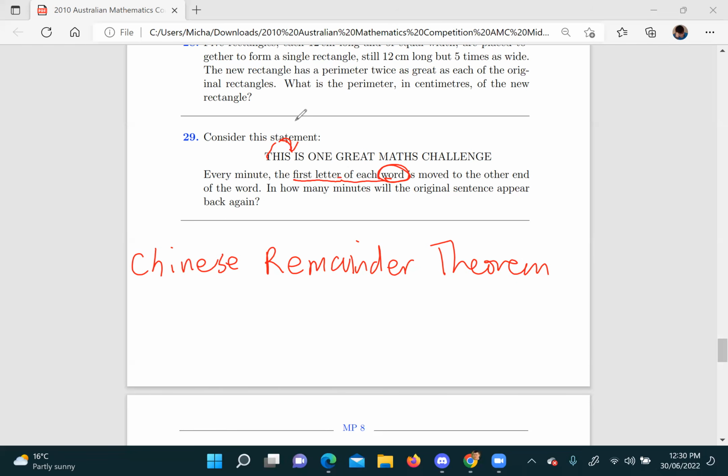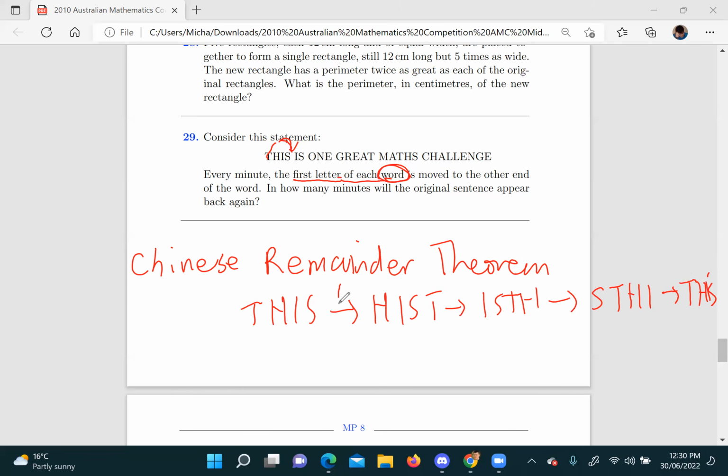For the original sentence to appear, the T has to go back to the front. So THIS becomes HIST, then ISTH, then STHI, and then back to THIS.